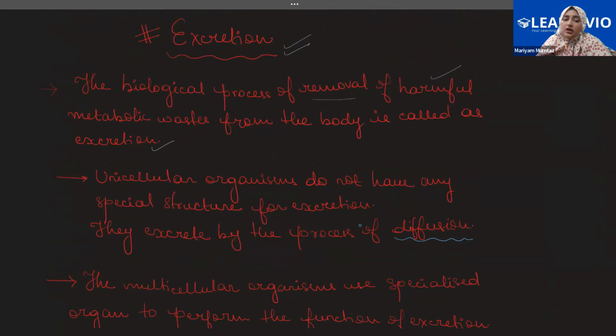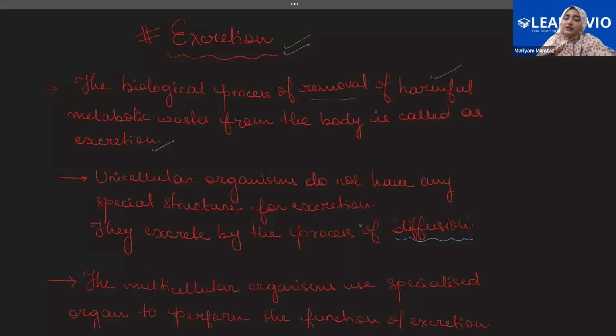Unicellular organisms do not have any special structure for excretion, because their body organization is so simple that they won't require many processes for excreting. So their excretion, just like nutrition, is done by diffusion, because it does not have to carry substances over longer distances, as the organism is so tiny.